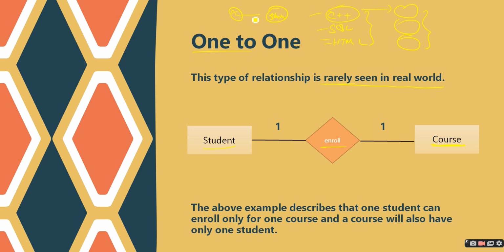This is also an example of one to one: one teacher teaches only one student, and one student is also taught by only one teacher. Is this a real example? No, that's why we say this type of relationship is rarely seen in the real world. One student can enroll for only one course, and one course is enrolled by only one student.